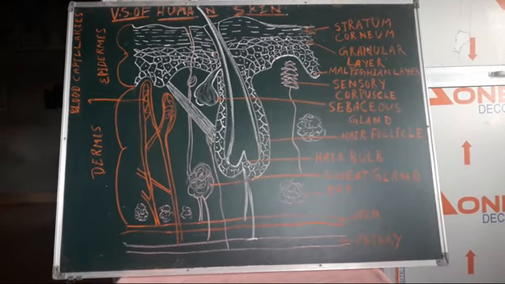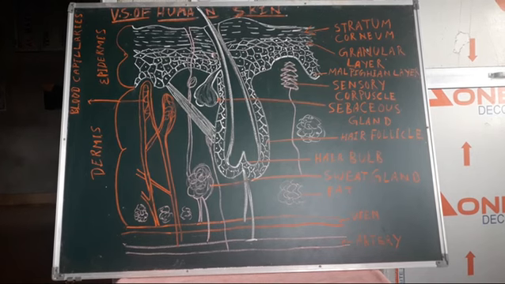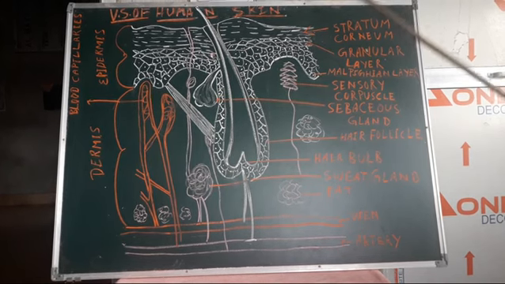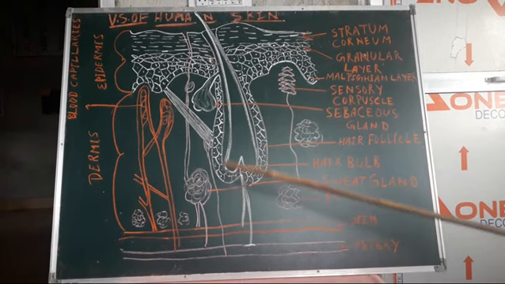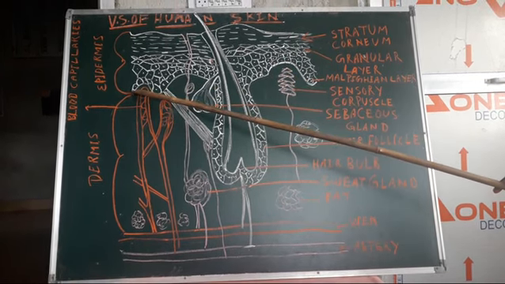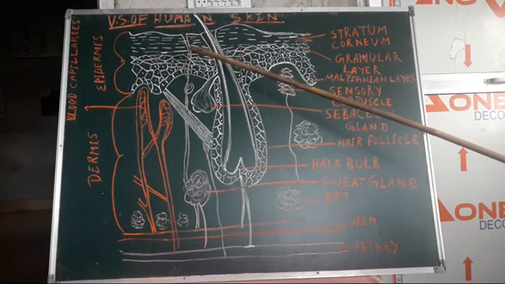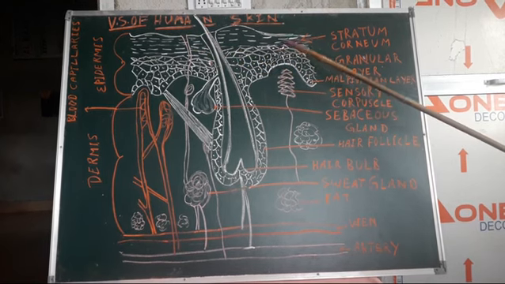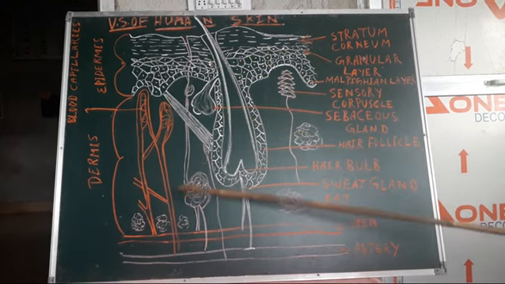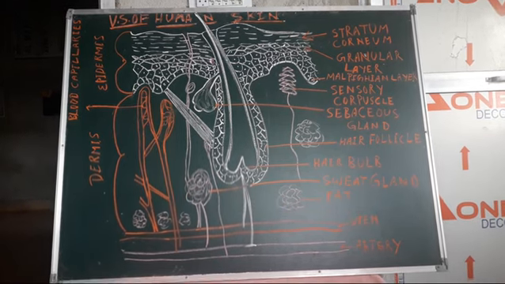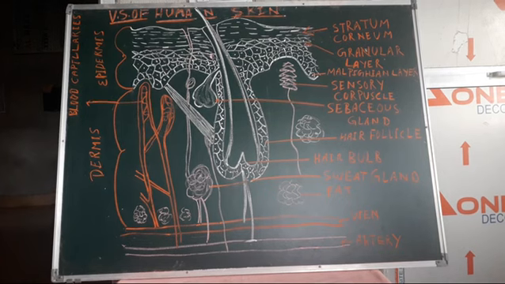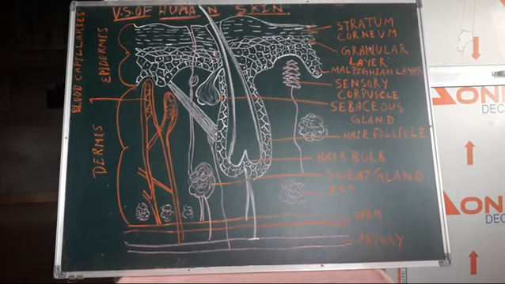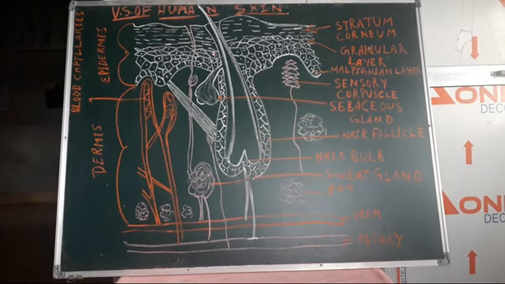Microscopically, the skin proper is composed of 2 layers, epidermis and the dermis region. From here to here is known as epidermis, and below this is the dermis region. So there are 2 main regions of the skin, epidermis and dermis. First we will see about the epidermis.